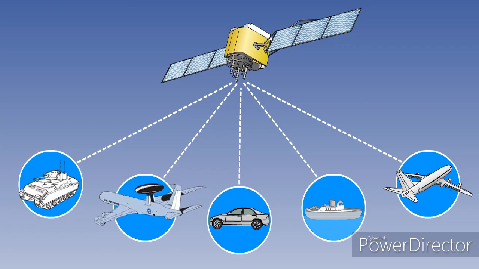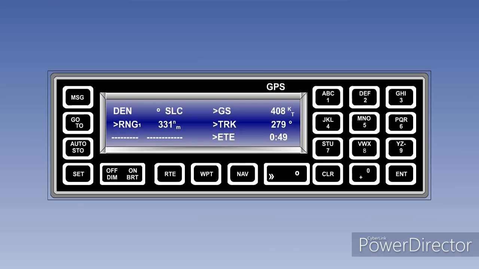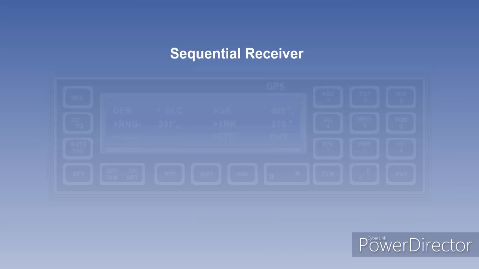The user segment consists of all the GPS receivers in the world, using the data from the space segment to determine their position on and above the surface of the Earth. There are three types of receiver. The sequential receiver uses one or two channels and scans SVs sequentially to determine pseudo-ranges.